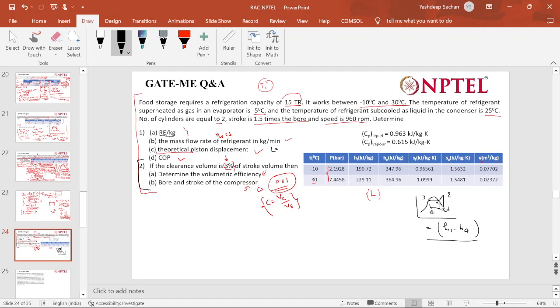Let's suppose we call this point A, and this is 2. You are saying the specific volume at A is equal to the specific volume at 2, right? Why would it be?